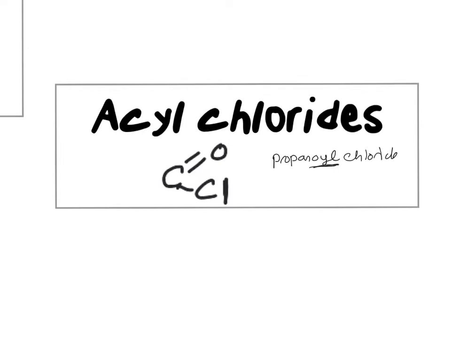So whenever you see the suffix oyl, it suggests it's an acyl chloride. Propan suggests that the stem is 3 carbons, 1, 2, 3. Oyl contains a C double bond O with a Cl on the same carbon, and then we quite simply add the hydrogen atoms. So that is a carboxylic acid derivative.